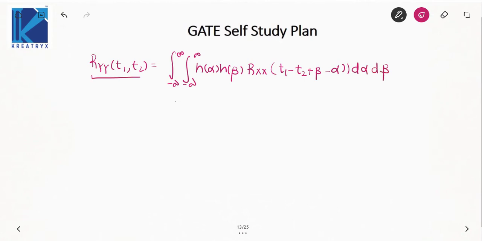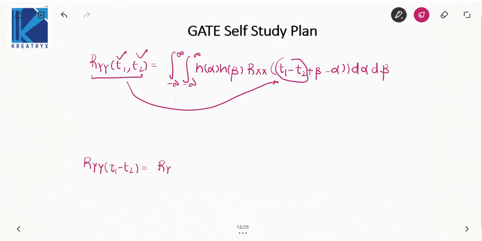So we can see ryy is a function of the difference of the time instances t1 and t2, so we can write it as tau.